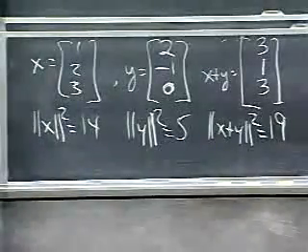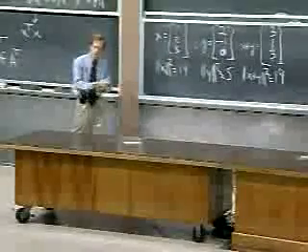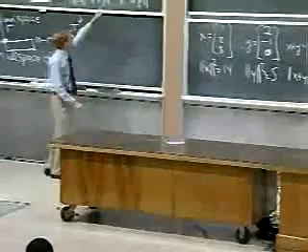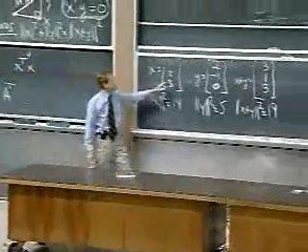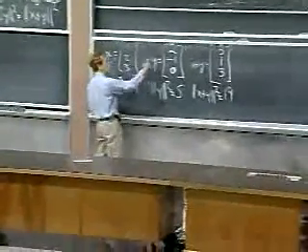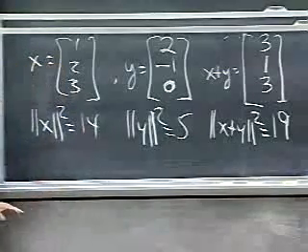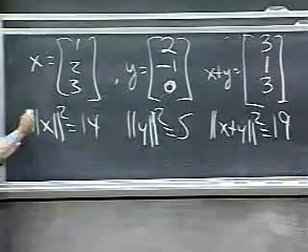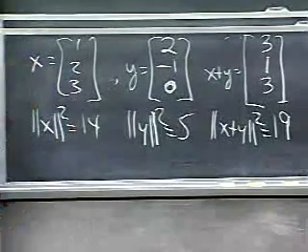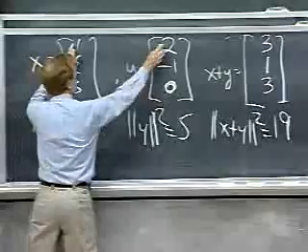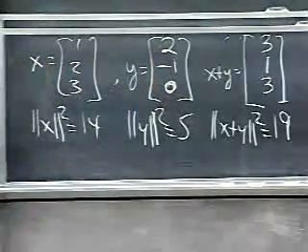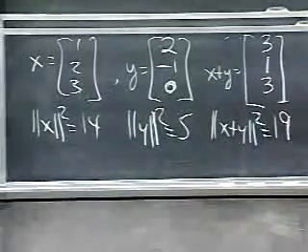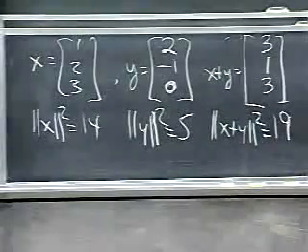I've just checked my test, x transpose y equals 0, which is true. Everybody sees that x transpose y is 0 here? That's maybe the main point, that you should get really quick at doing x transpose y. It's just this plus this plus this, and that's 0. And sure enough, that clicks with 14 plus 5 agreeing with 19.